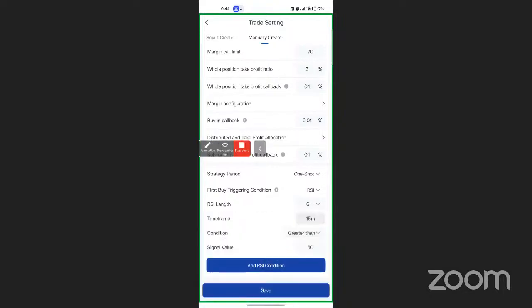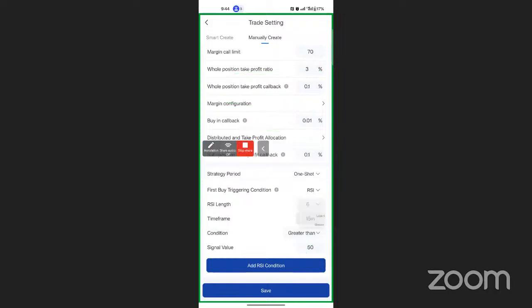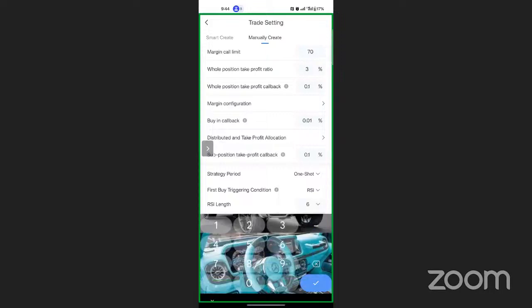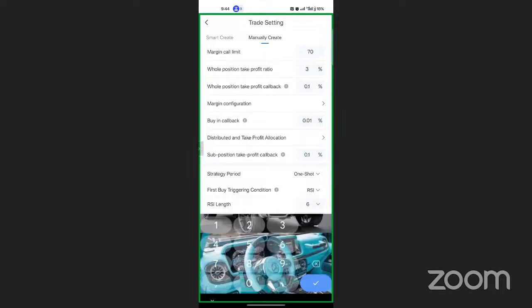It means when it has gone above the middle line, let my robot buy. But still I could say, let it buy when it is less than 70, or let it buy when it is less than 30.